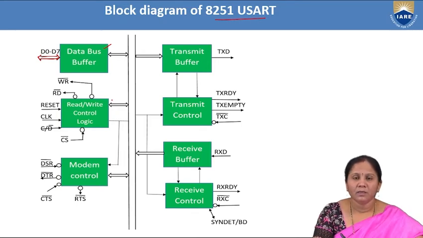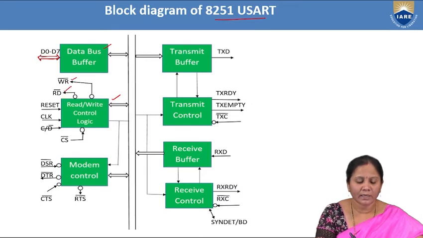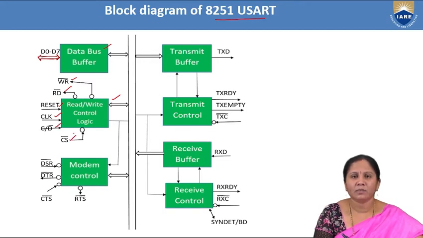The second section is the read-write control logic. This is the main block which controls all the operations of the 8251 USART. To this block, all the control signals like write, read, reset, clock, C by D bar and chip select are connected.